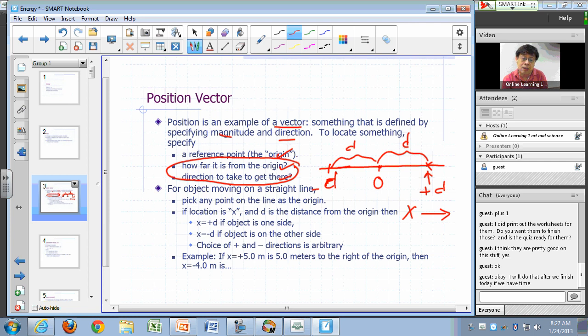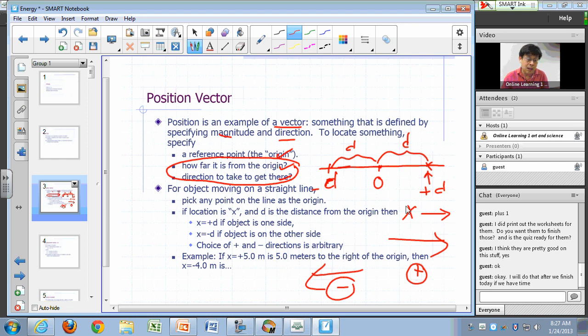Okay, now which direction you call positive and negative is really arbitrary. As a matter of custom, people just say if we go to the right, I call that the positive direction. Going to the left is the negative direction. But that's really completely up to you, as long as you use it consistently.